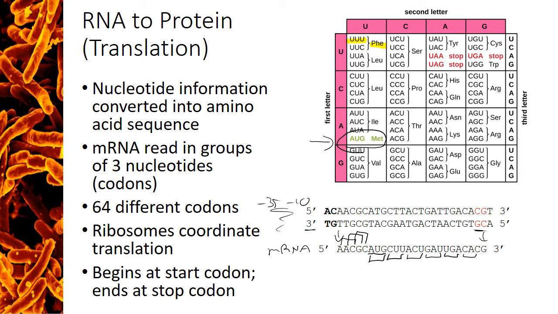And for each group of 3, we find them in the codon chart. So AUG, we said, encoded for methionine, so that would be the first amino acid in the protein. CUU, if we look up into the chart, CUU encodes for leucine. ACU, if we look into the chart here, encodes for threonine.